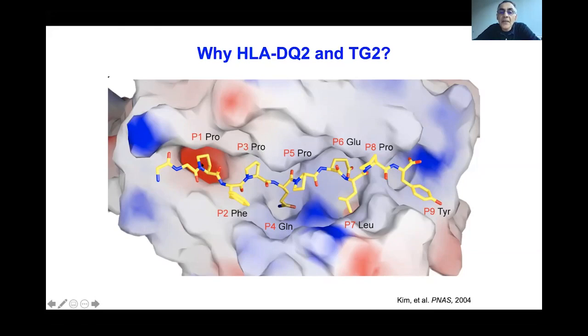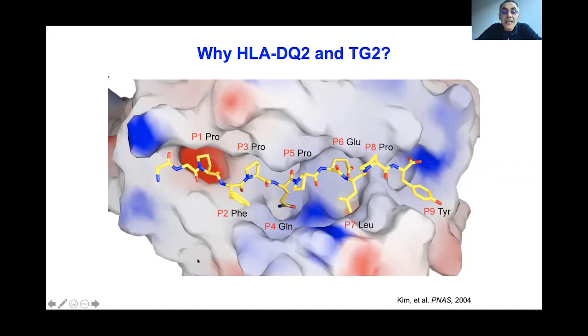For those of you who are familiar with HLA-D, class 2 MHC proteins, you know that they have these big grooves into which peptide antigens can bind. Much of the affinity that they derive for their peptide antigens comes from backbone hydrogen bonds. So this presents a challenge for proline-rich peptides in the backbone.